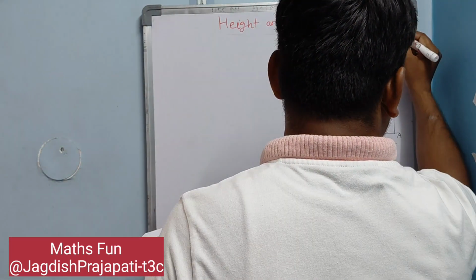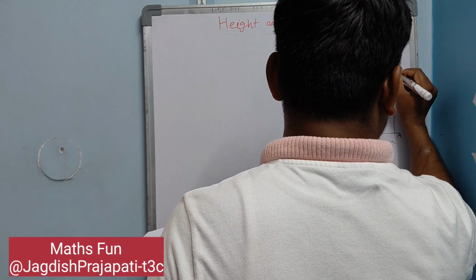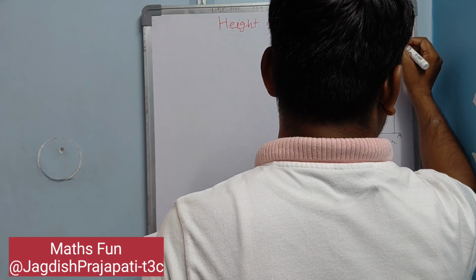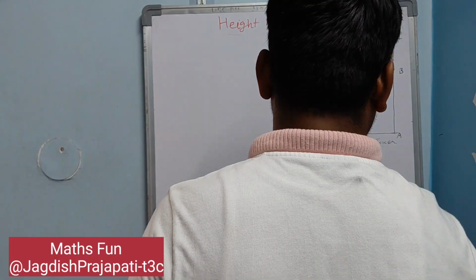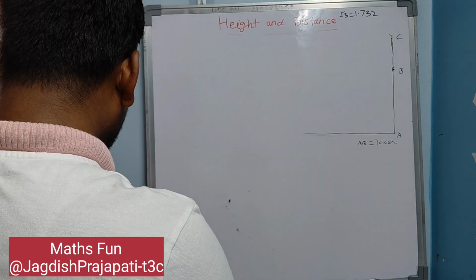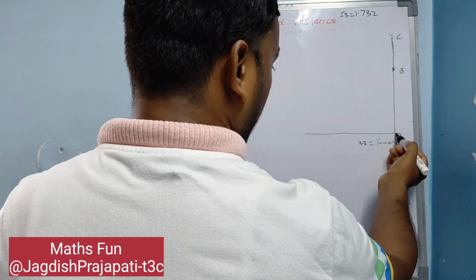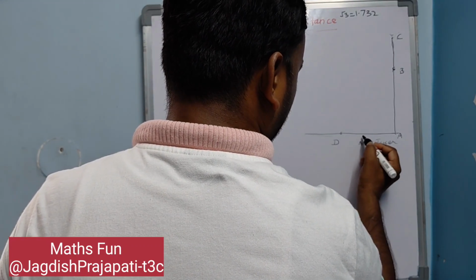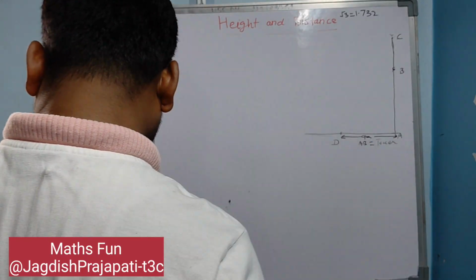Let's say BC is the flagpole, and here there will be a flag. At a point 9 meters away from the foot of the tower, let's say here is a point D, which is 9 meters away from the tower.